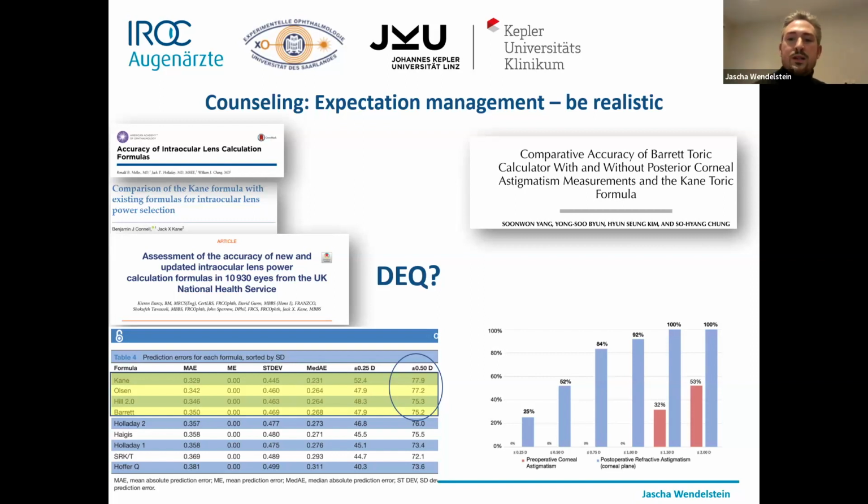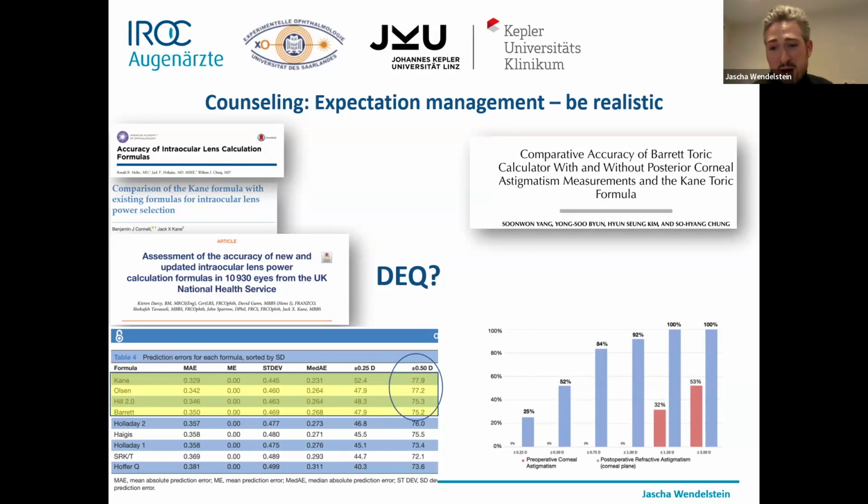And I think it's always helpful to be realistic of the outcomes. So if we look at the outcomes of IOL calculation regarding the spherical equivalent power, we are somewhere around 75 to 80% within half a diopter. If we pair that with astigmatism correction outcomes in toric IOLs, if we look at the larger newer studies and the newer formulae, depending on the study, we are somewhere between 52 and 75 to 80% of all cases within half a diopter.